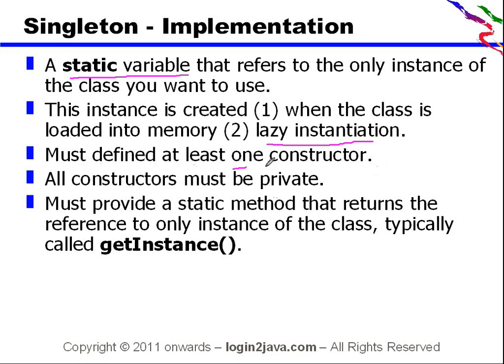Must define at least one constructor. All the constructors must be private. Why must all the constructors be private? Because we don't want client applications to create direct instances using the new keyword. So all the constructors must be private.